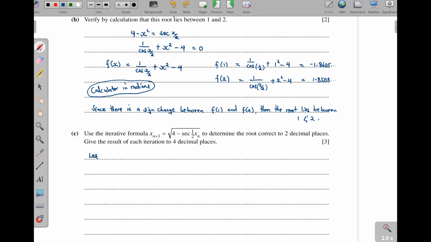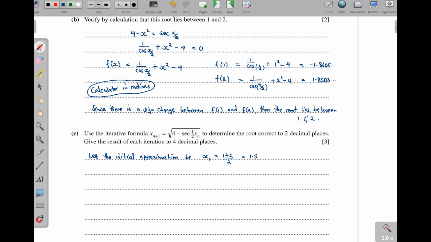So let the initial approximation, because they never gave us one, be x1, which is going to be 1 plus 2 out of 2, which is of course 1.5.